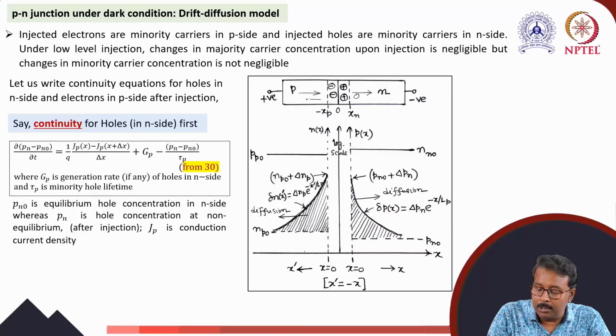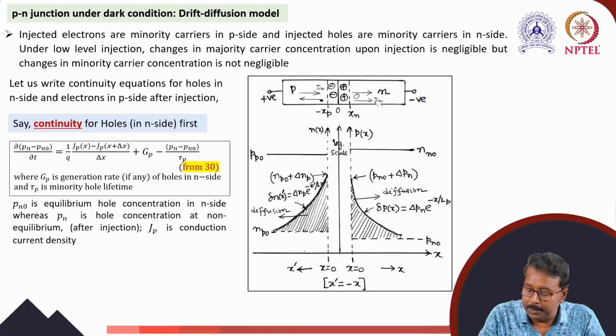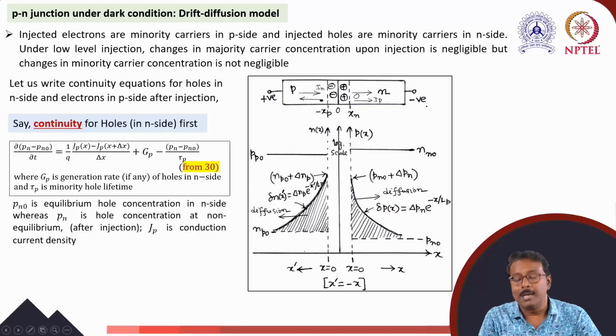But electron diffusion is left to right, and this is the current expression In. This is a hole, so current is also in this direction, Ip. This is Ip. So ultimately current is in the same direction.